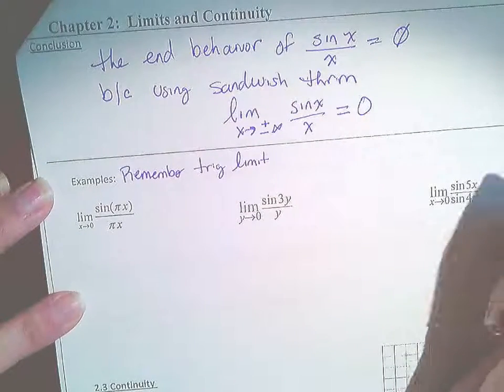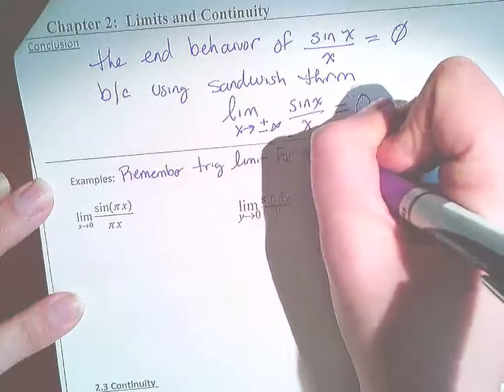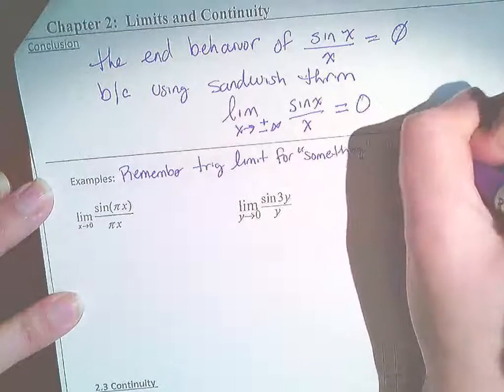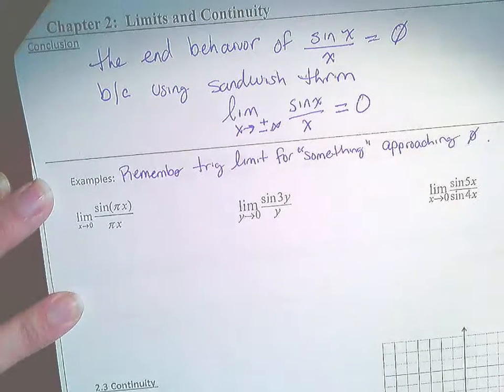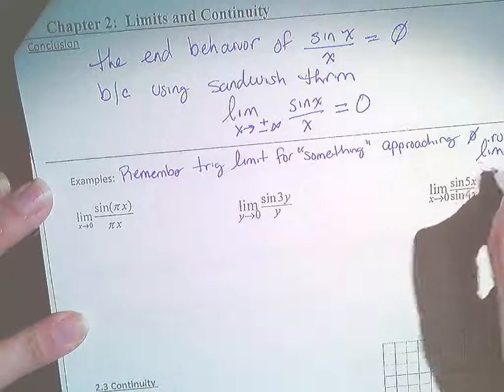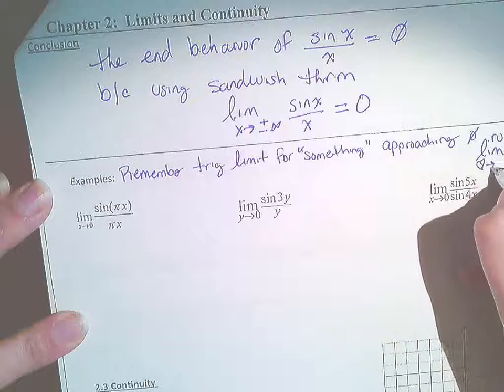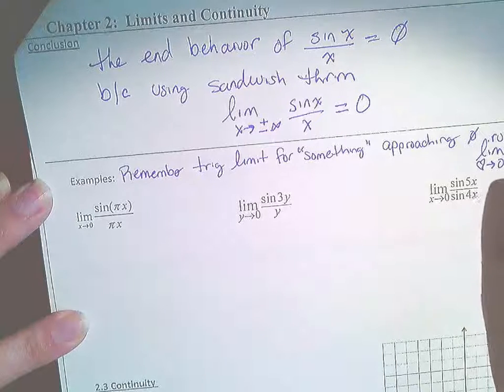Remember the trig limit for something approaching 0. We use the rule: the limit of something approaching 0 of sine of that something over that something is equal to 1.